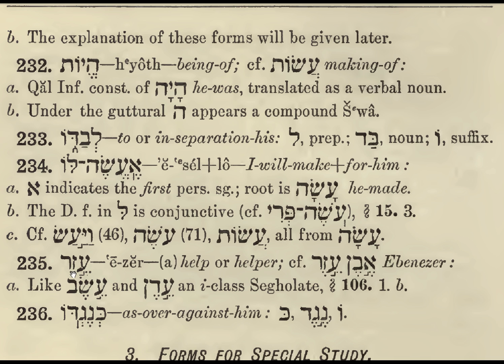Ngezder, a help or a helper. Eben Gezer, Ebenezer. Ngeseb. Ngeden. These are I-class segolates, and the accent moved, and we have the ayin, and so the change in vowel.